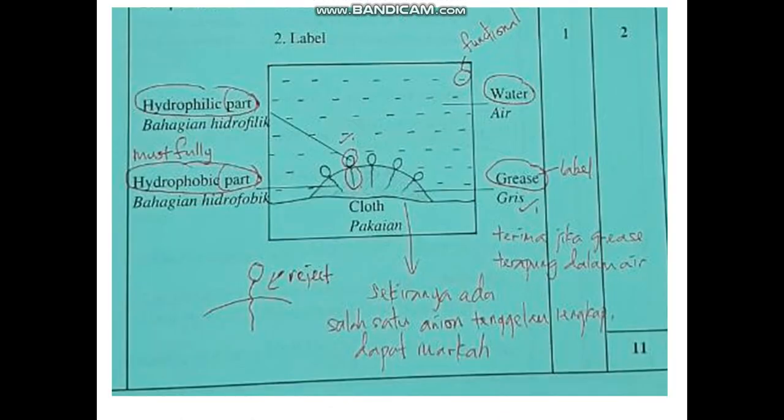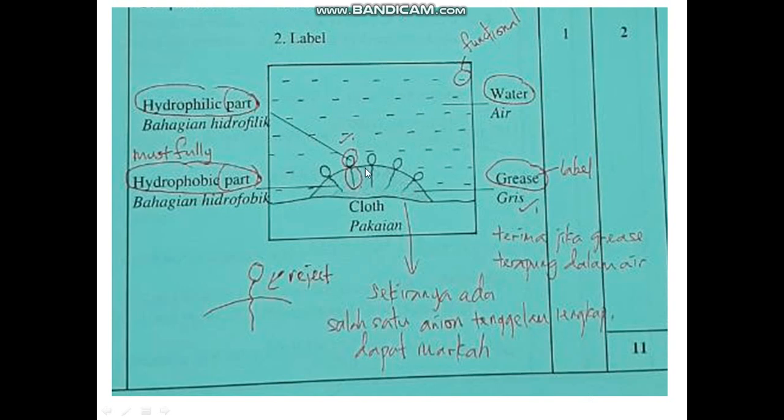Let's see how to draw a complete diagram, which brings you 2 marks. See here, first, you draw and label the cloth. Compulsory, the cloth must be labelled.